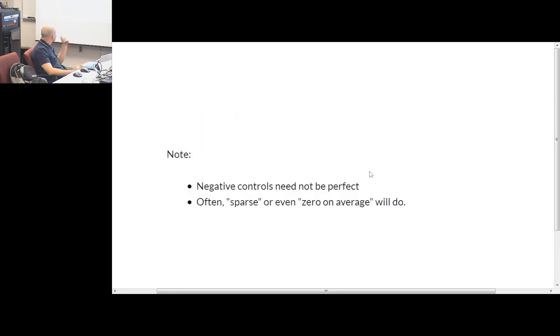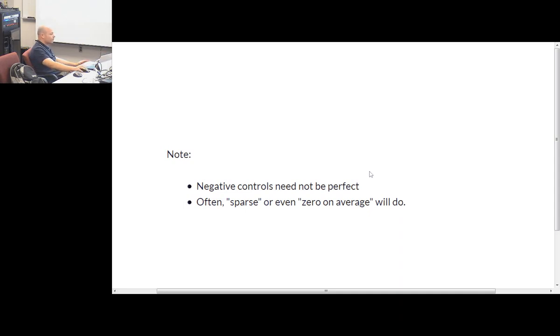And I also want to point out that when I'm talking about the negative controls, they don't need to be perfect. It is a seemingly strong assumption that we need to pick genes or spike-ins or something like that that are unaffected by the factor of interest.